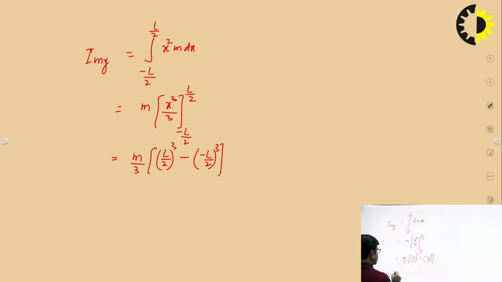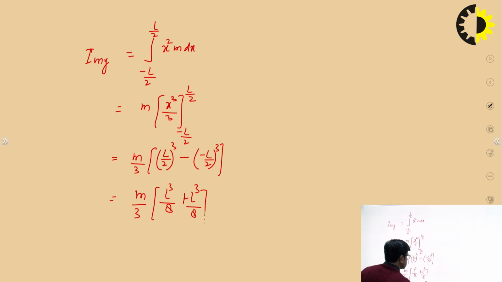After solving, m by 3, it is L cube by 8 plus L cube by 8, and this is coming out as m L cube upon 12.